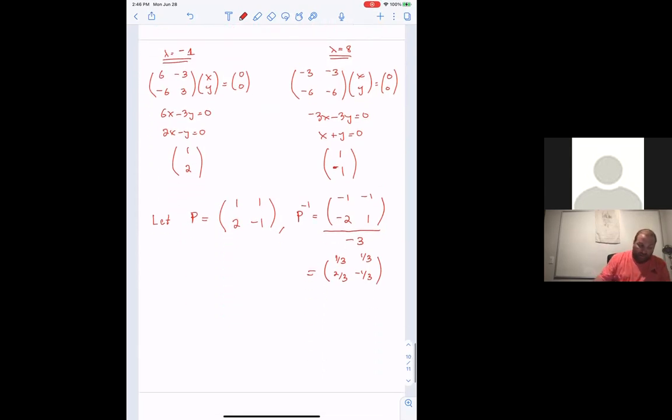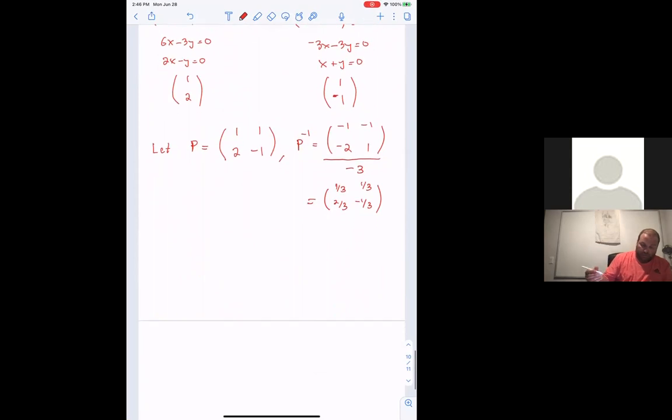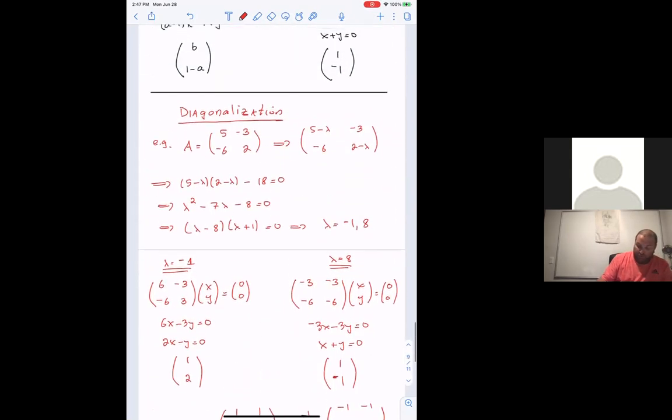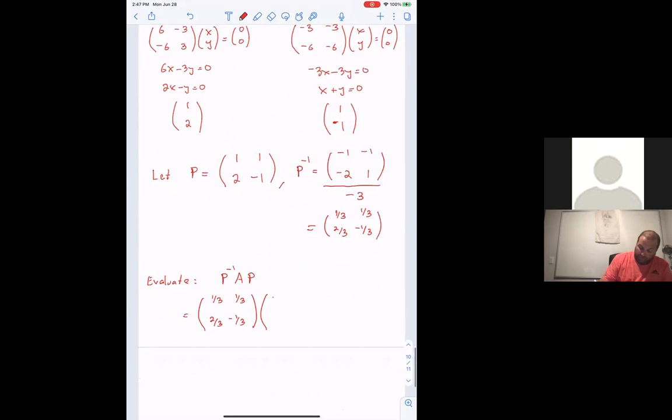What do we do next? Well, watch this. I want you to evaluate P inverse AP. In other words, take that P inverse, which we just found, multiply it by A, which was the original matrix, 5, negative 3, negative 6, 2, and then multiply it by P. Let's see what we get.